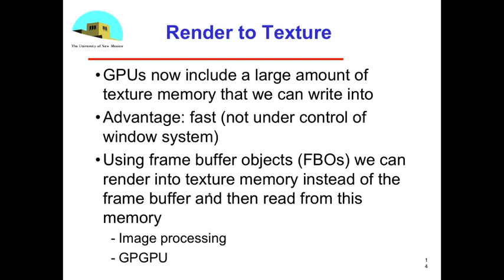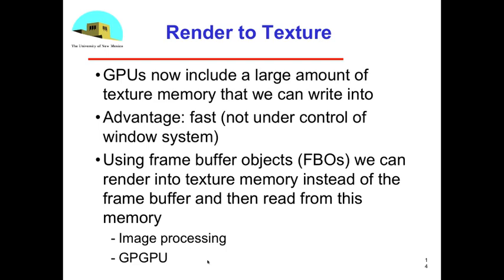The applications we're going to look at are, first, some image processing applications, and then we'll generalize that to what's called GPGPU, which stands for General Purpose Processing on a GPU, because we'll try to harness the enormous floating point power of a GPU to do operations which are not necessarily graphics.